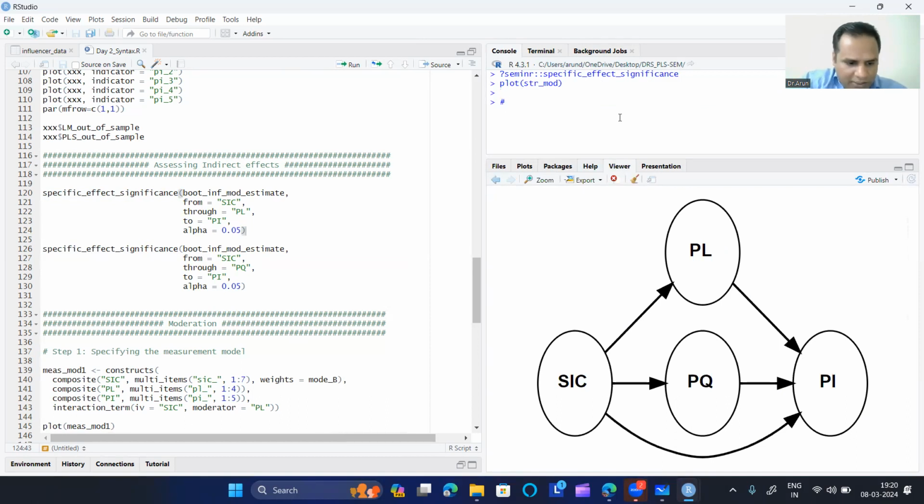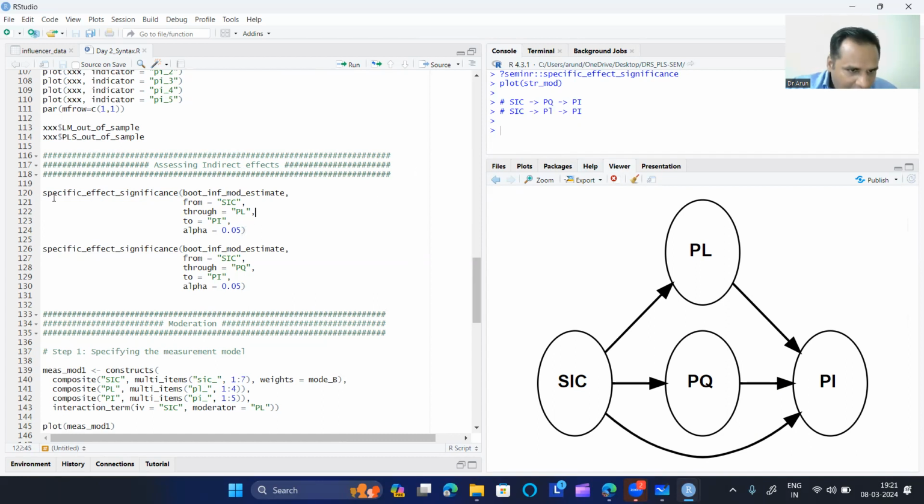So one mediation is SIC, PQ and PI, and for the second mediation, let me press the upper arrow key, I want to check for PL. Hope it is clear. So first mediation, whether PQ mediates the relationship of SIC and PI, or whether PL mediates the relationship of SIC and PI.